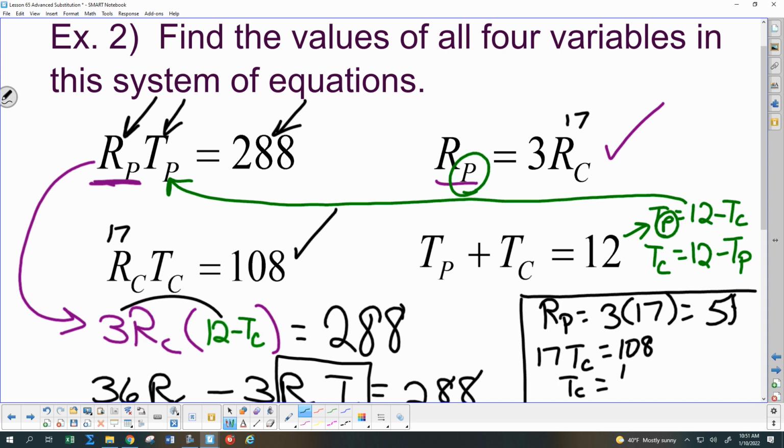So TC is 108 divided by 17. Does that one simplify for us to anything nice? Nope. Okay, so that's as reduced as it gets. That one was RP. And that just leaves me needing to get TP, right? And so to get TP, you can use either one of these equations.